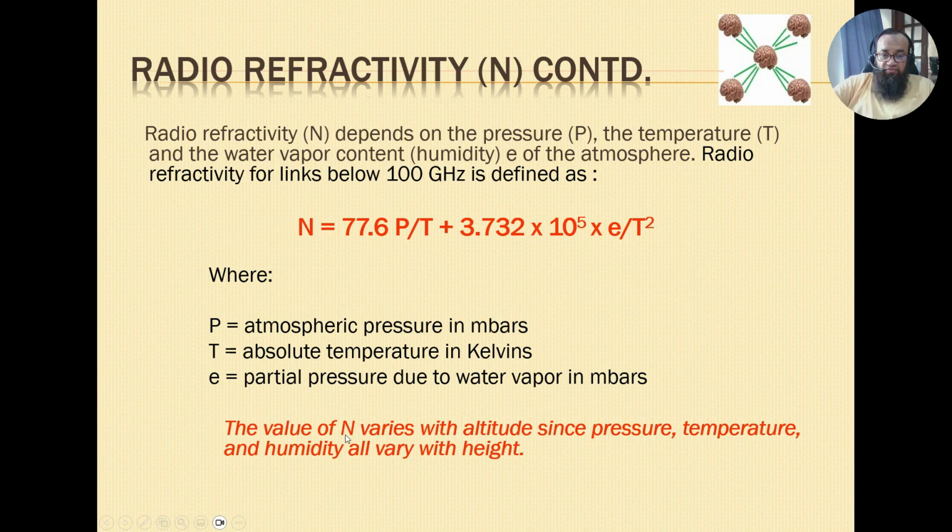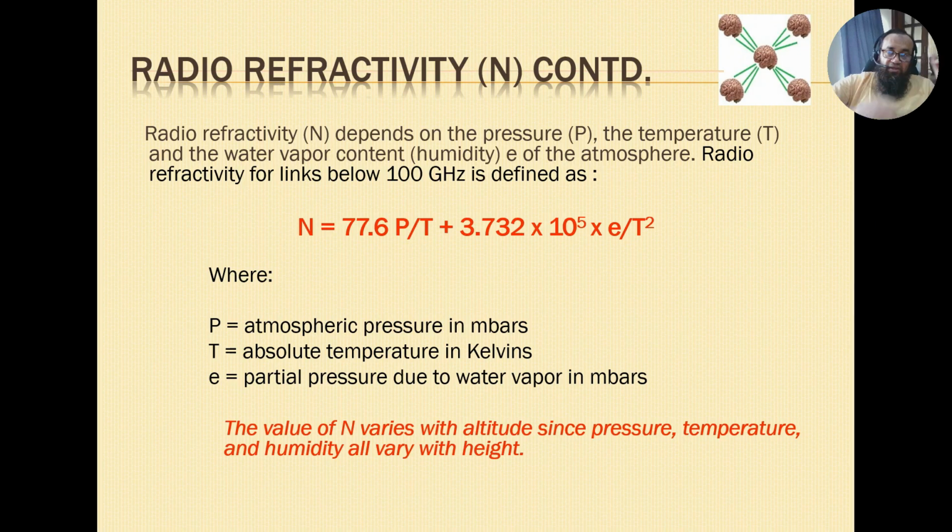always. This value of N also varies with altitude. We discussed this: if you go from a normal ground area to a hilly area, when you go higher and higher, your temperature, your pressure, your humidity, everything goes down.